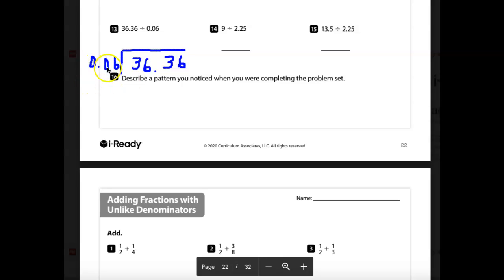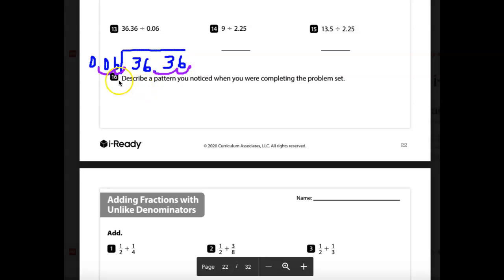All right, so we remember that we cannot have a decimal in the divisor. So we move it over and we just get the number 6. And then we remember that the rule is whatever you do to the divisor, you have to do to the dividend. So we have to move this decimal over 2.